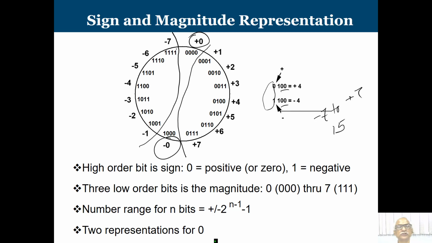Maybe you can think of this as one kind of disadvantage. So for 4-bit numbers, my range is from minus 7 to plus 7 including 0, and we have 2 representations of 0. Here we are not utilizing the full potential, because we can represent 16 different numbers but we are using only 15.